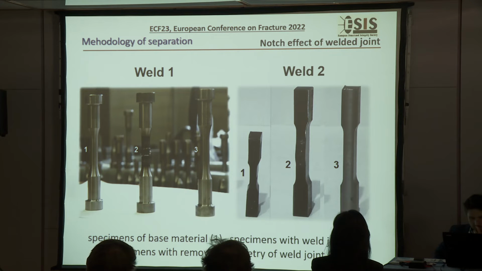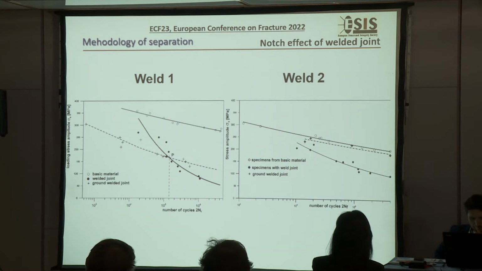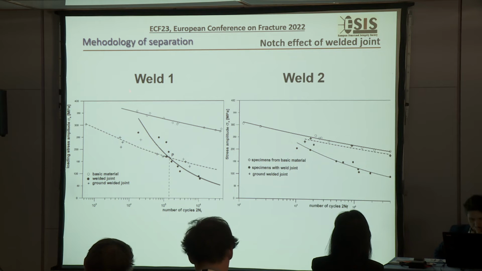These three specimens are necessary to test, and we obtain three SN curves. It's very interesting to compare these two diagrams. Much can be read from them. For the worst weld, this is the total notch factor. This dashed line is the technological one.